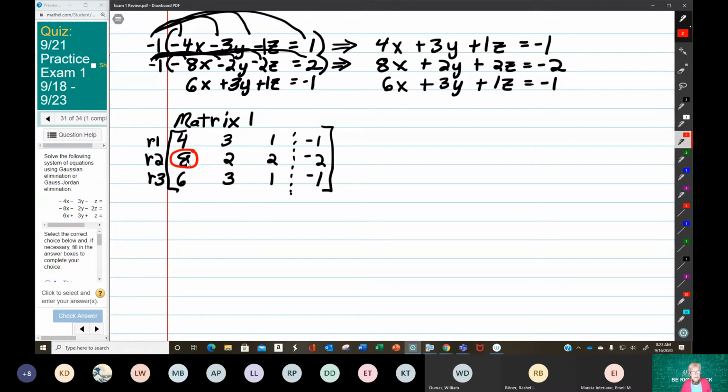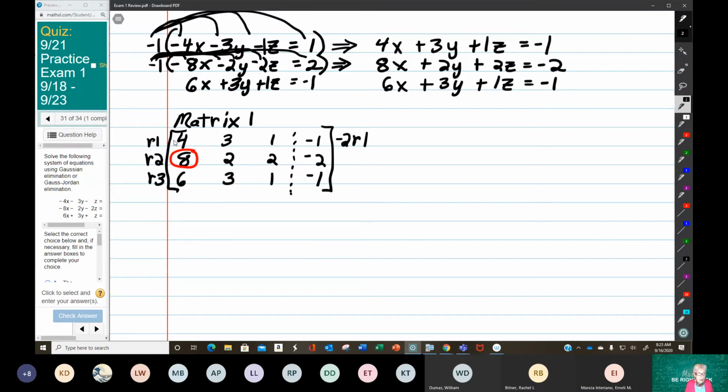So my strategy to be able to do that is going to be to take, well, because I know 4 goes into 8 2 times, what I'm going to do is, and you might not do exactly what I do, and you don't have to, but there you go, I'm going to multiply all the numbers in row 1 by -2.